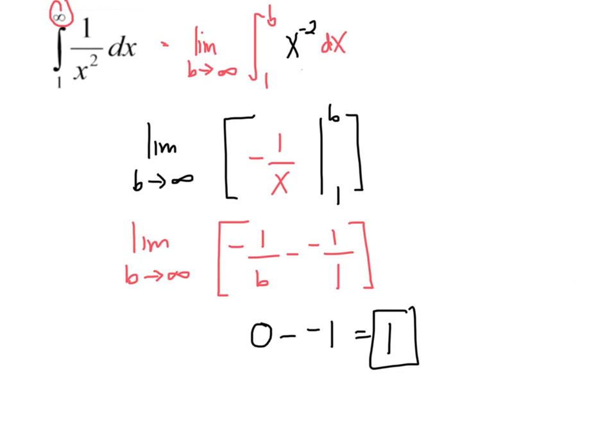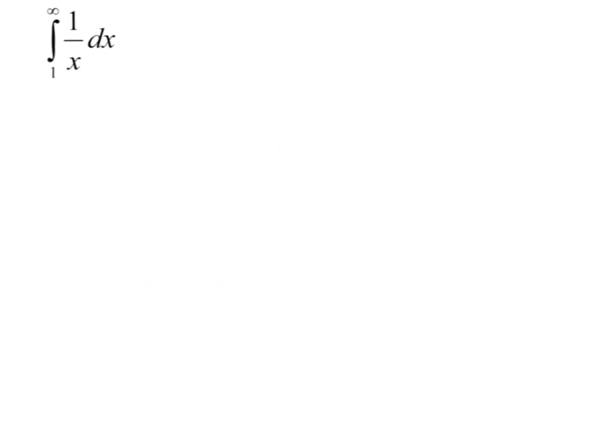Okay, let's do another example. So in this case, we have 1 over x, and once again, I'm going to start by rewriting with a limit statement. Now, we all remember, hopefully, the antiderivative of 1 over x is natural log, evaluated at b and 1.